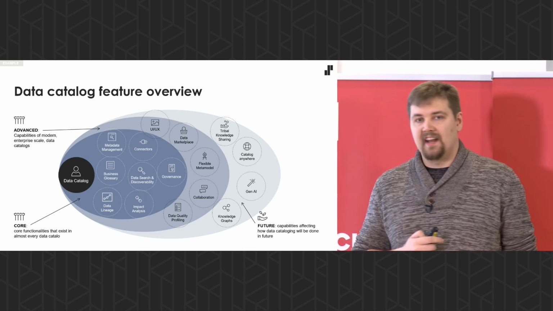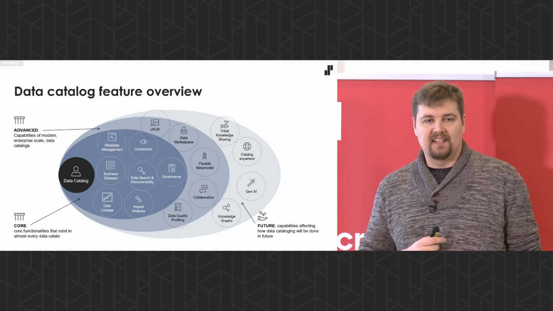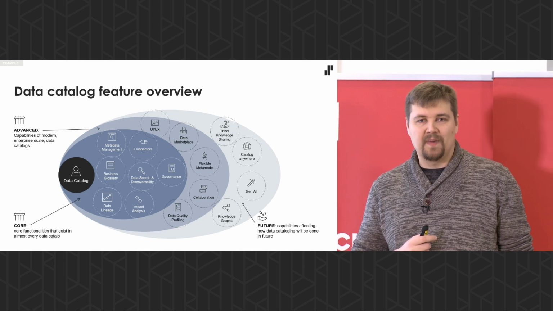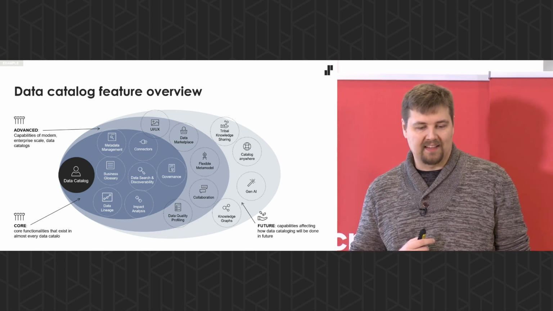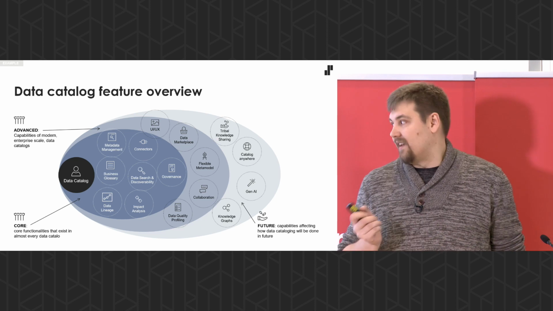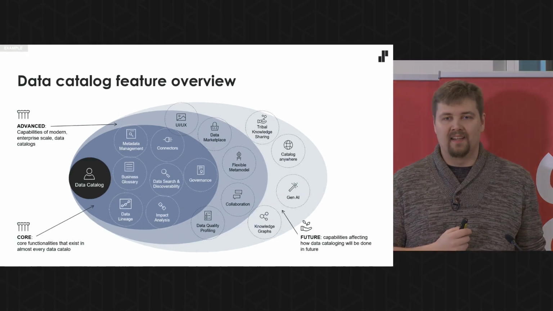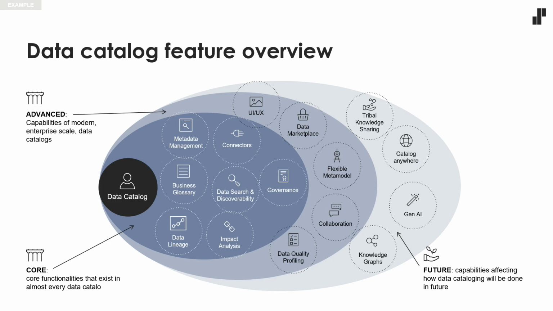And then the Gen AI. So as said, this AI is coming with quite a speed to the catalog market as well. And then the fourth one, which is related to this AI as well, is this knowledge graph. So we are getting more and more of these graph-based catalog solutions.